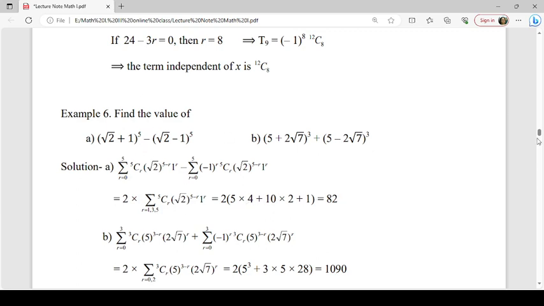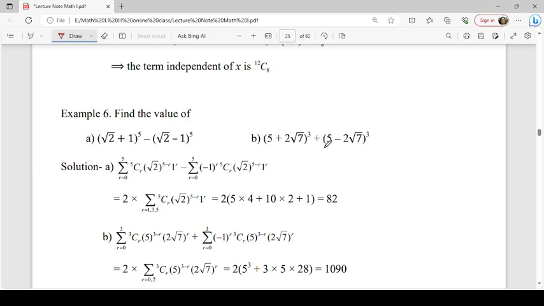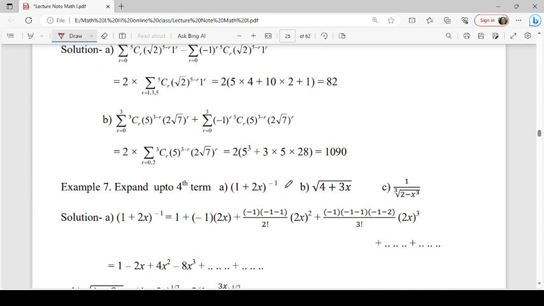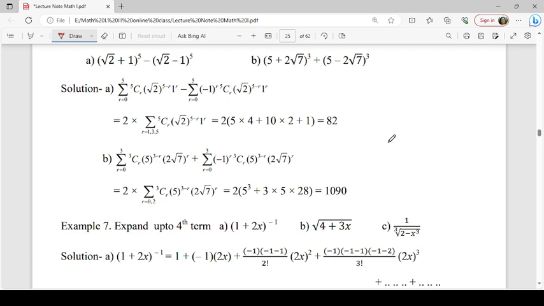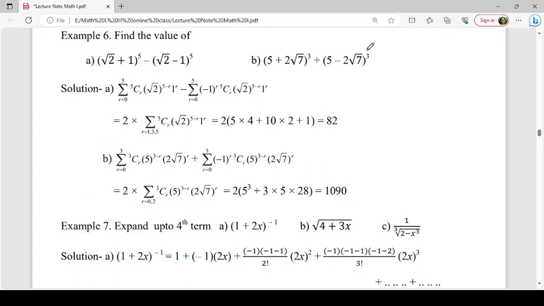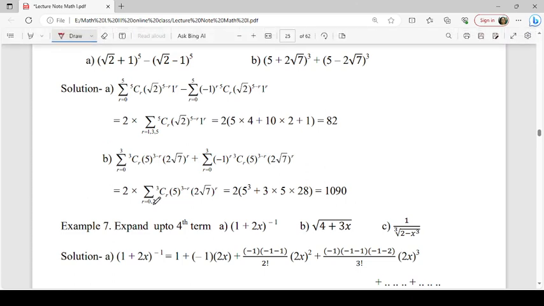And if it is positive, then we need to keep the even r's, so r from 0 to 3. So when r is equal to 0, this is positive, this is positive.